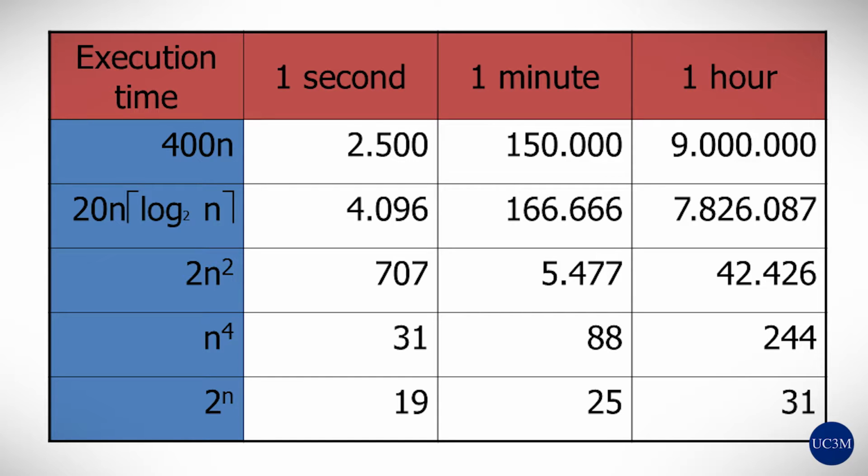But if we have an hour of time, n will be able to grow linearly to 9 million. However, if you have an exponential function, like in the line at the bottom, the number n will not even duplicate, although we wait 3,600 times longer.